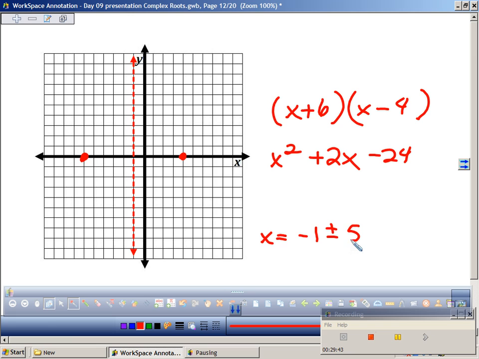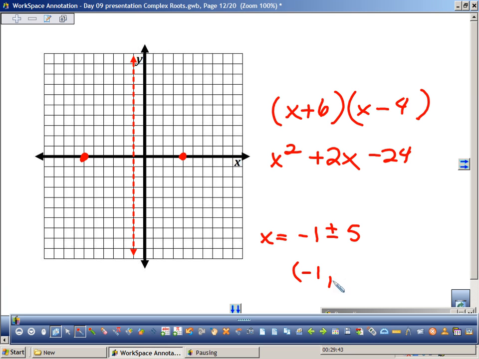Wouldn't that be the solution? Negative 1 plus and minus 5. Square that for me. 25. So I'm going to tell you my vertex is at negative 1, 25. Because this is positive, it's going to be negative 25 because it's going to look like this.